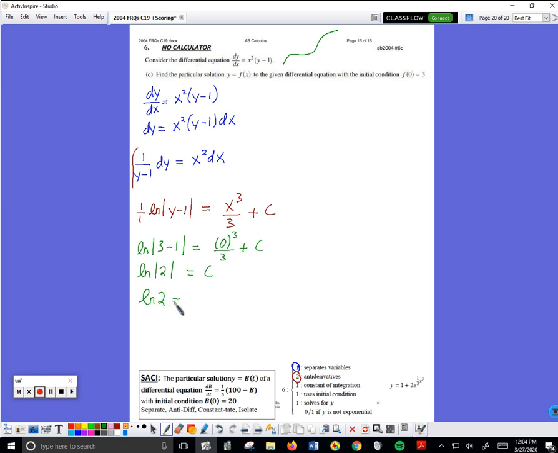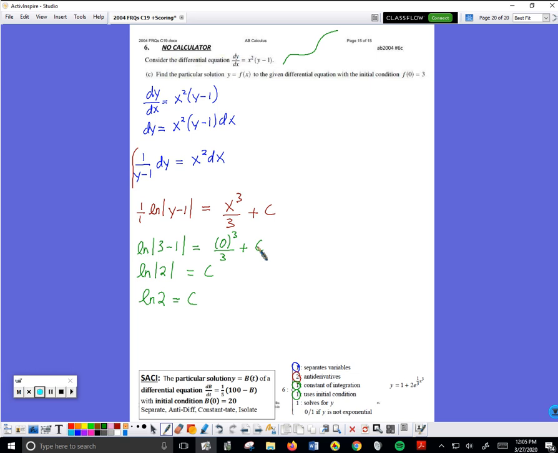So I've now found the value of c. If you have this green information, you get 2 more points. You wouldn't have to have this line here. Once you get to here, if you simply write down c is equal to natural log of 2, you'll get both points. I suppose this is the point here for finding the constant. The point here is for using the initial condition.